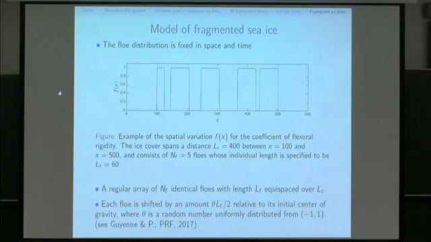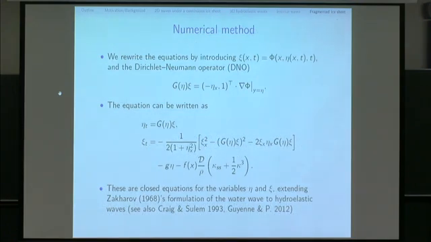We send it to this ice field and see how much it attenuates. And that attenuation depends on the configuration, the concentration of the ice floes, or how long they are, and so on. So that's our goal. The numerical method we use is similar to the one you've seen before for the continuous ice plate. Now, this is no longer Hamiltonian, but still you can use the same sort of numerical method.